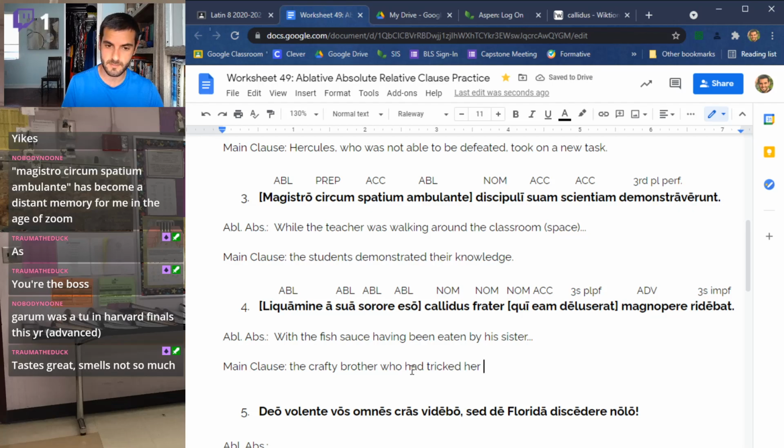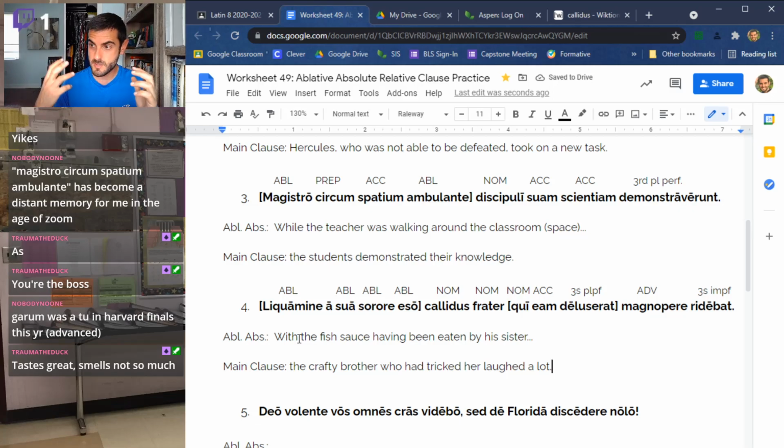Magnopera redebat. Magnus, anything with Magnus is great. So here it's acting like an adverb. Greatly laughed. Now, in English, you never say greatly laugh at something. So the crafty brother who had tricked her laughed a lot, would be how we would say that in English.